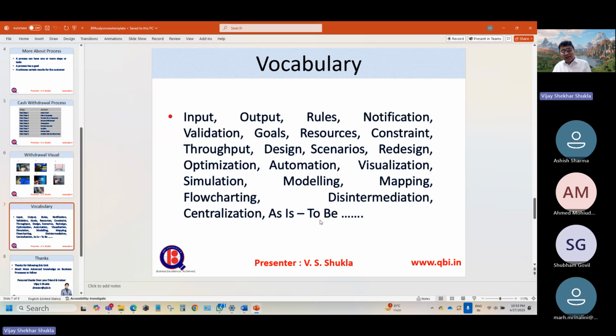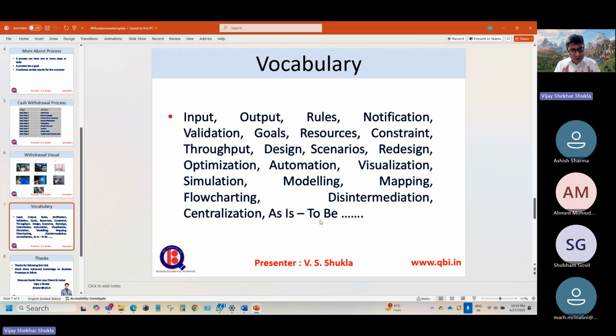So processes have goals, and a very important thing about the process is that the process will have repeatable steps. The design of the process will ensure that there are repeatable steps, and within these repeatable steps, there could be scenarios. What if you provide the wrong PIN for your ATM machine, let's say if you are trying to withdraw cash? So these are all scenarios.